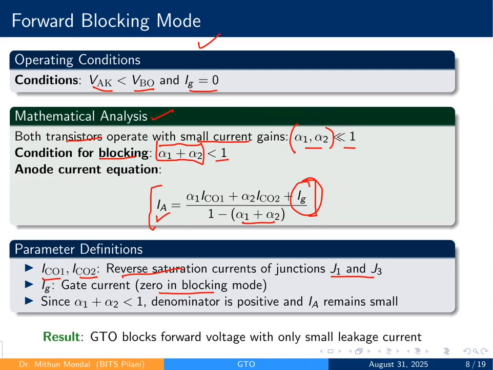Since alpha 1 plus alpha 2 is less than 1, the denominator is positive, and we can say that IA remains small in the GTO. So the GTO will block the forward voltage with only a small leakage current flowing.